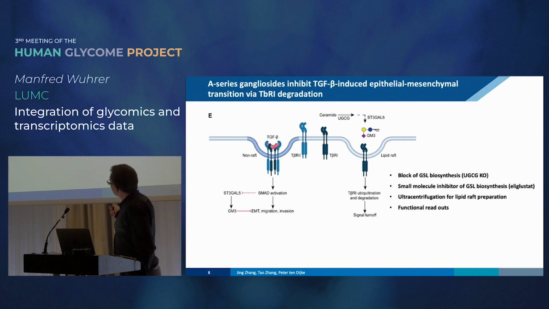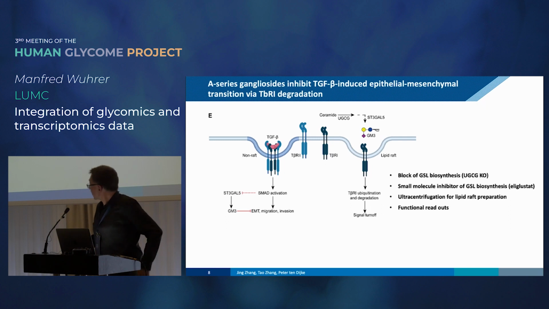We used a bunch of technologies to unravel these associations. We looked at knockdowns, or knockouts, I should say, so no more glycosphingolipid biosynthesis. We also used a small molecule inhibitor, which inhibits the synthesis of all glycosphingolipids, also of the gangliosides.